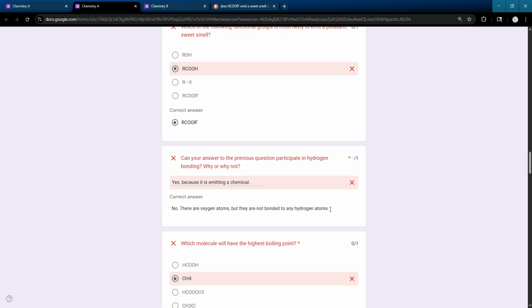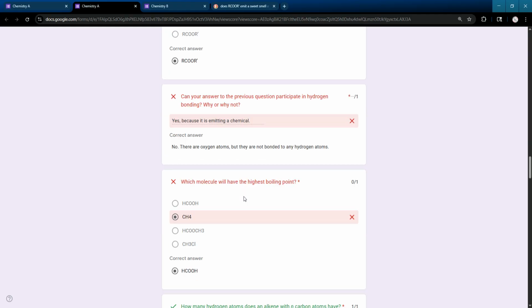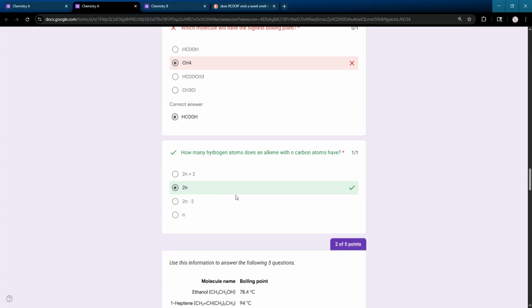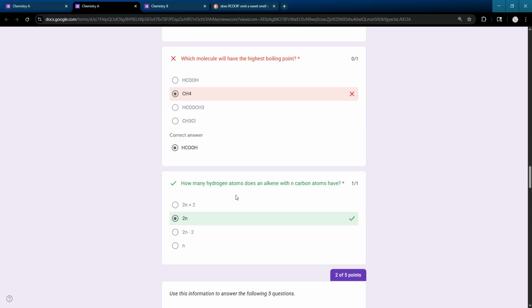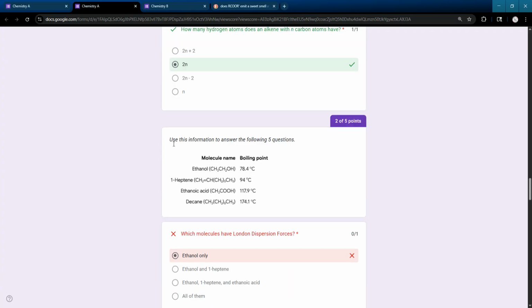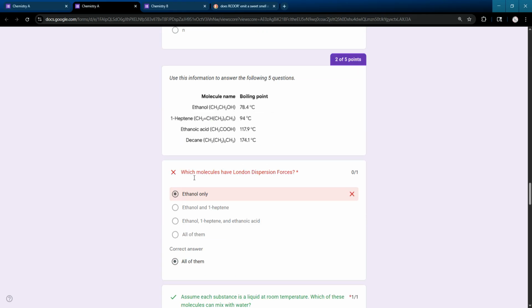But they are not bonded to any hydrogen atom. Okay. Use this information to answer the following 5 questions. This one was the London dispersion forces.